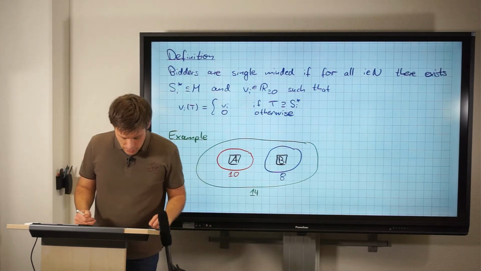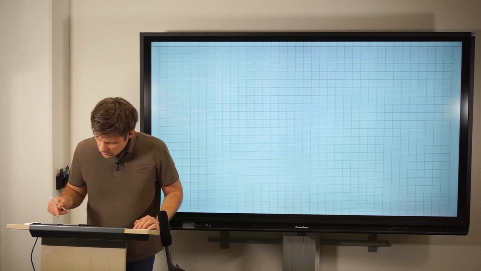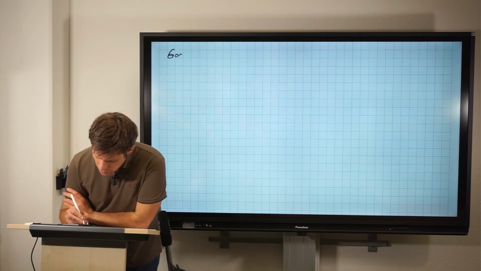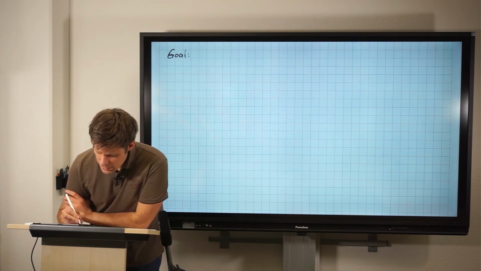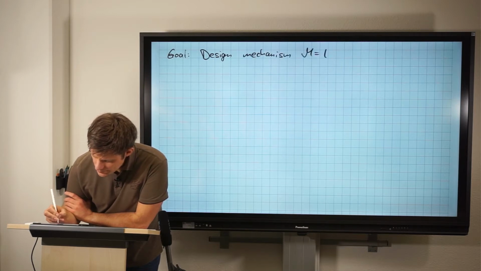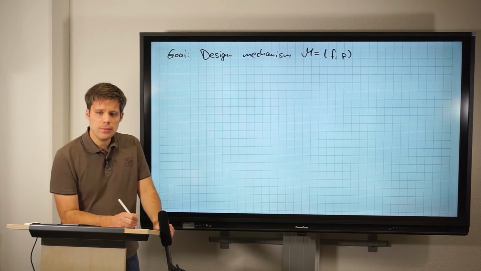And what's our goal now? So our goal will be to design a mechanism M consisting of an allocation rule and a payment rule.